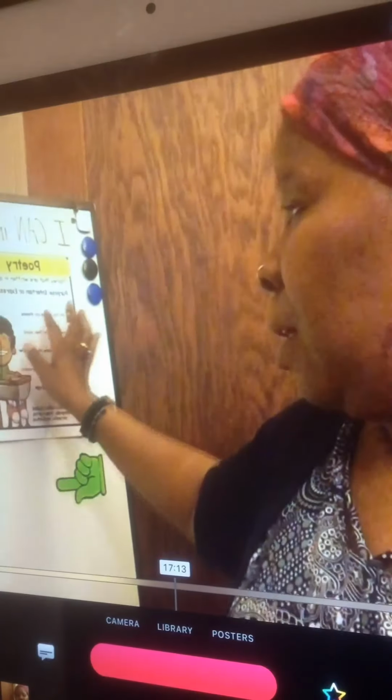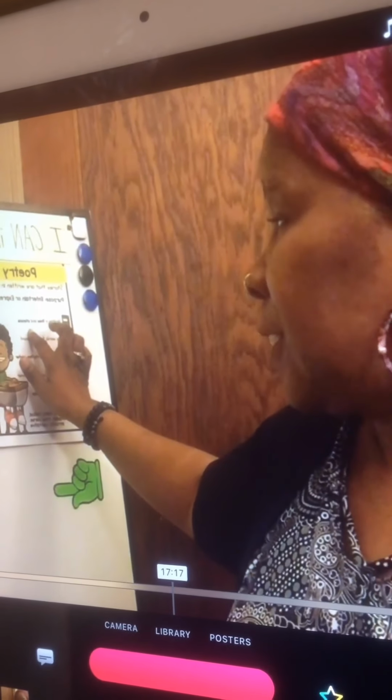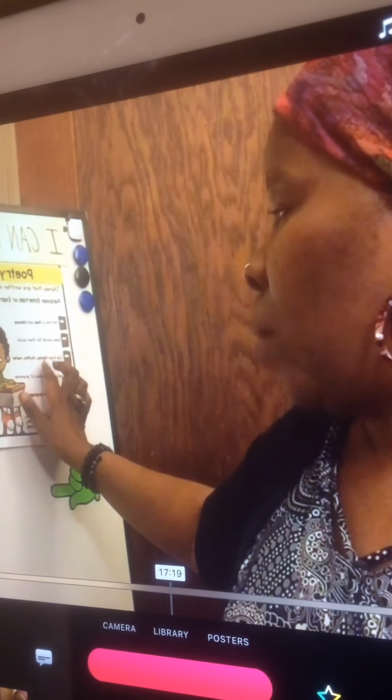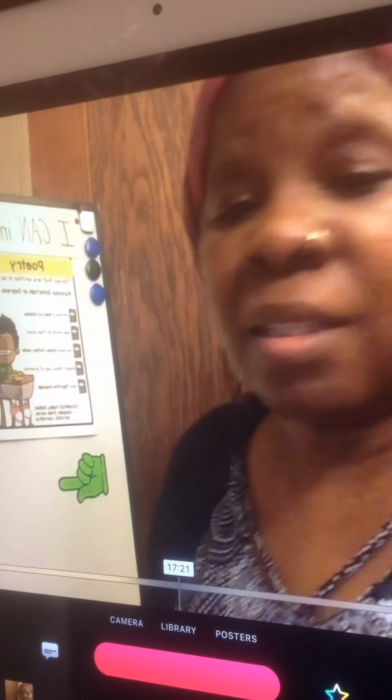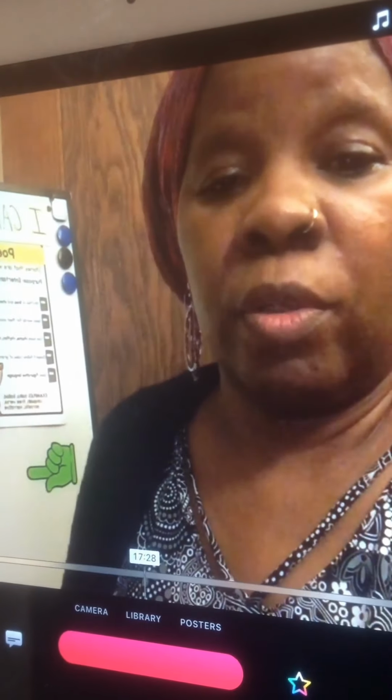The key thing here, remember that poetry has lines and stanzas. Stanzas are also known as verses. It has rhyme scheme. It doesn't follow grammatical rules at all. Poetry is just freestyle. You can say what you want to say with it.